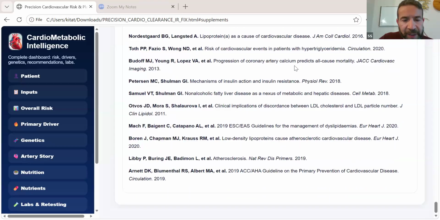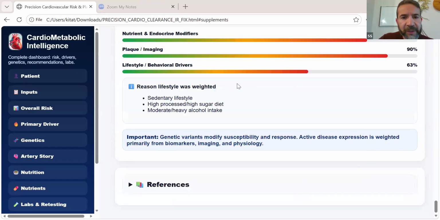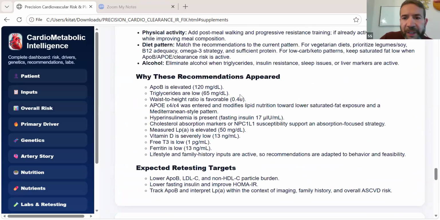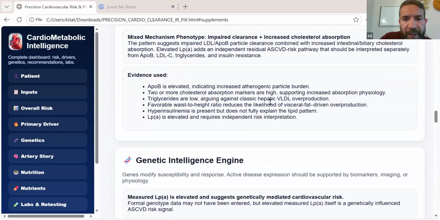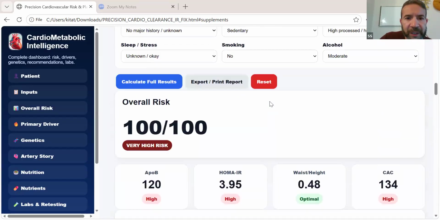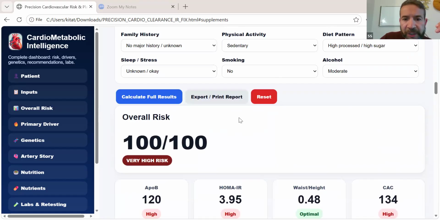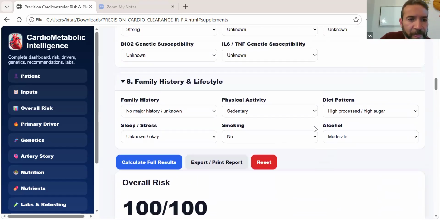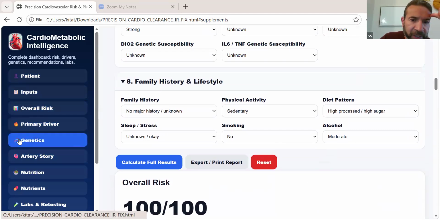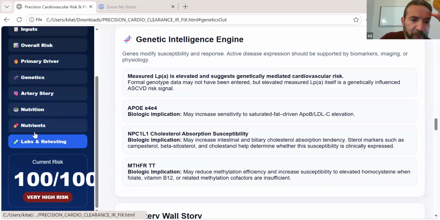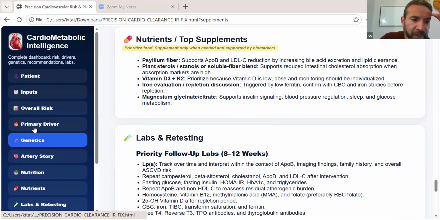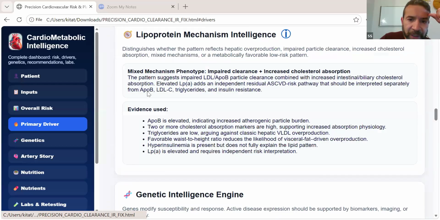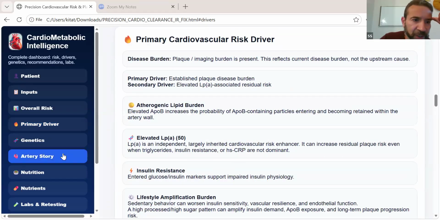And again, the most important thing is that you can get an accurate result quickly, and you can print out the report and export it and work with your cardiologist or your primary care. And here, if you don't want to navigate this panel, it's a dashboard, so it helps you go directly to what you're looking for. If you want to look at the primary driver, right there, so you're not scrolling up and down too much.